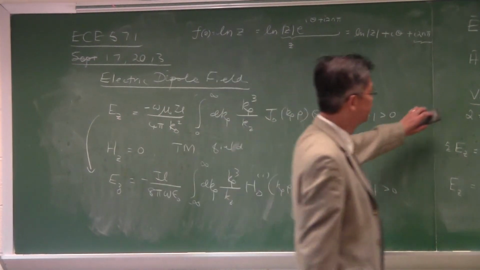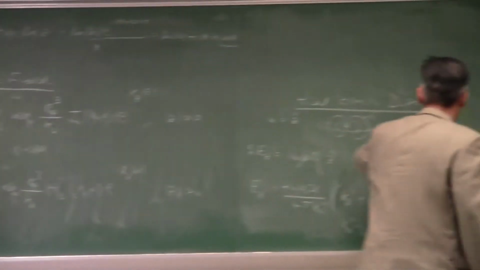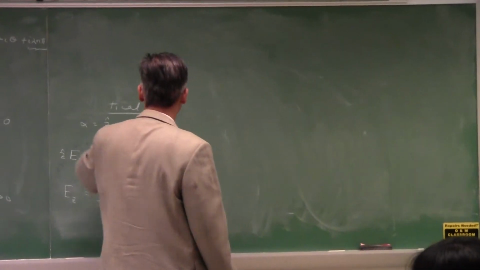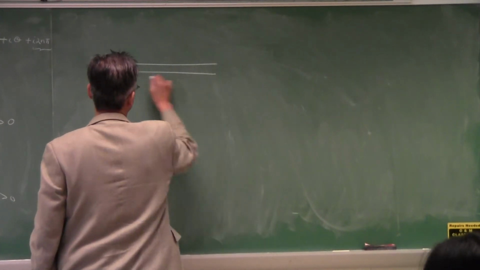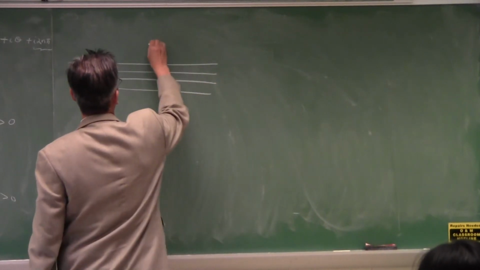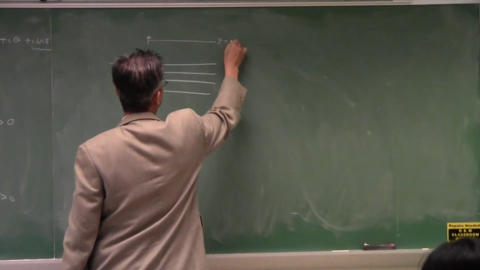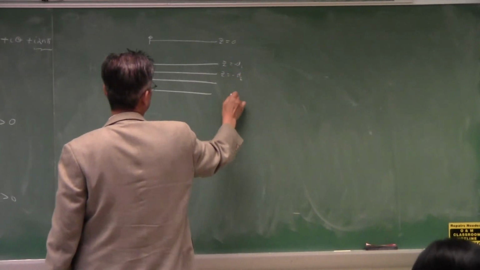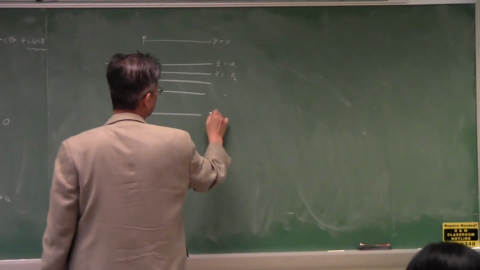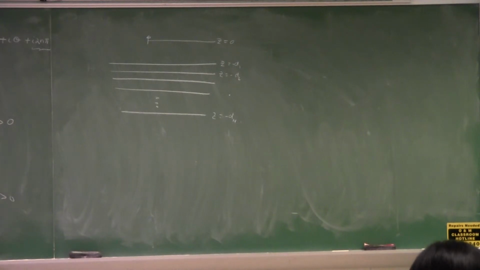What happens now if I were to add the electric dipole on top of a layered medium? What happens if I add this dipole on top of the layered medium?